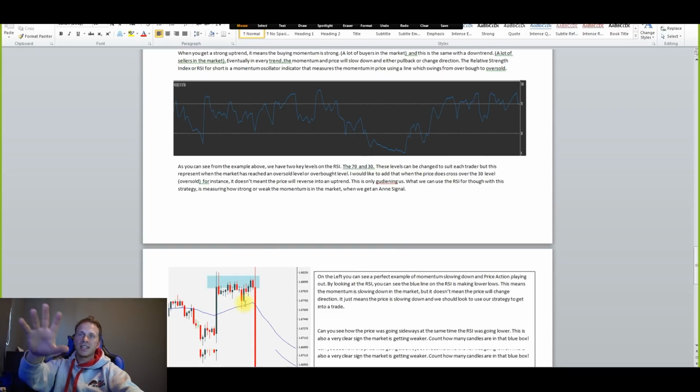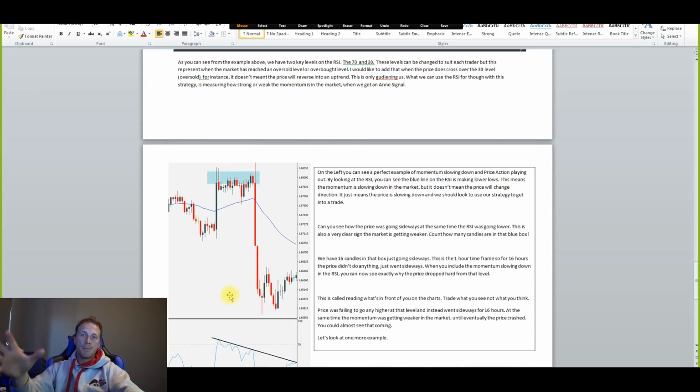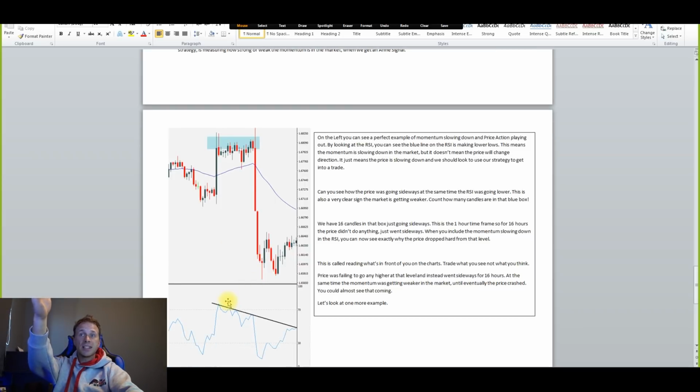So as you can see here, we're talking about consolidation and seeing how the price is in a range, which means the price is struggling to go any higher. And by using momentum or oscillating indicators such as the RSI, we can see the momentum in the market slowing down. And if you include, let's say, the binary destroyer or candlestick patterns, it is a very clear sign that the market is going to change direction.